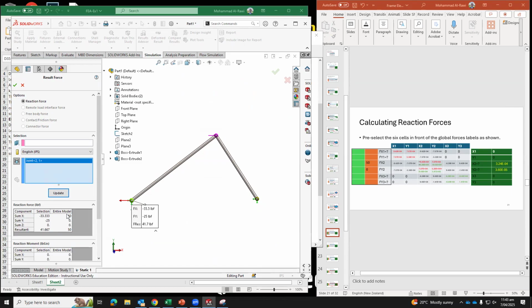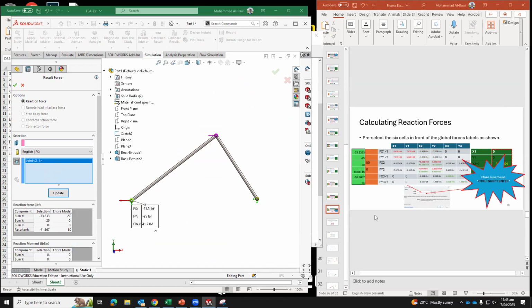You see the values? And the one we found from the calculations, that's exactly how they look like. The minus 33.33, minus 25, and then you have the 0 and 41. That's just to give you. And if I want to find the points here, because the one we found is 2D, they give us here the sum of Z as well, and the resultant as well.